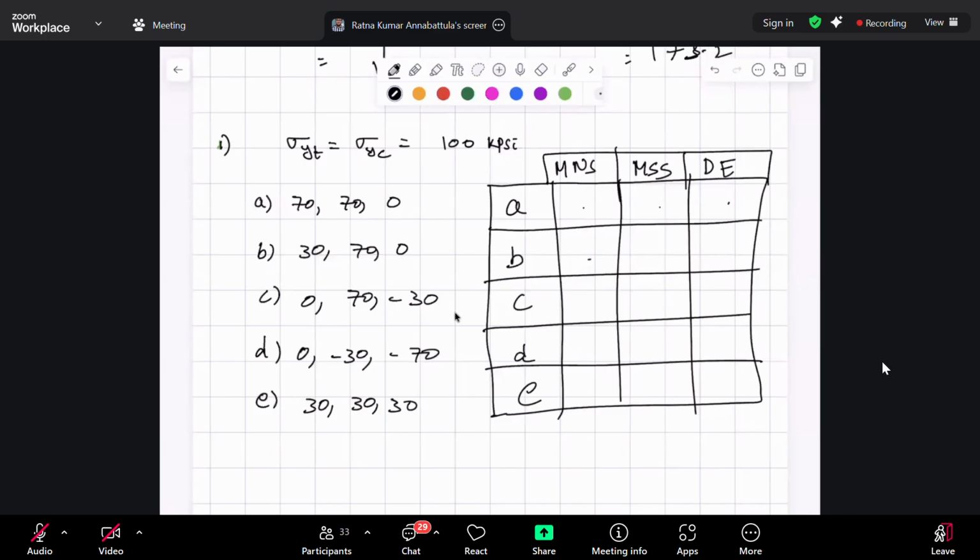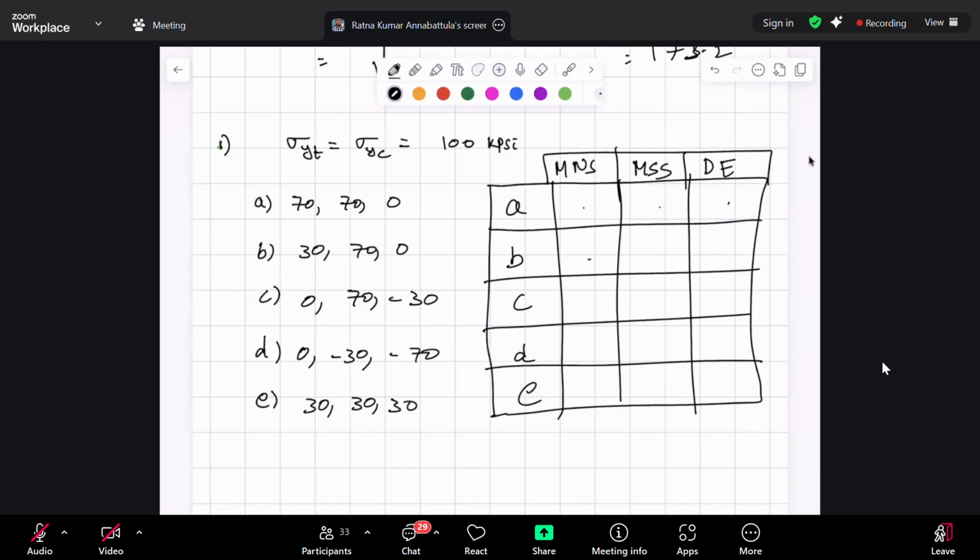Satish Kumar, you got the results for the first state, 70, 70, 0?